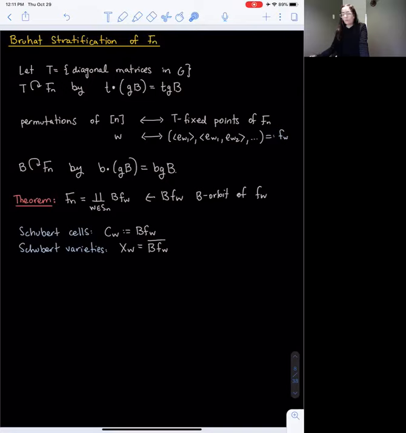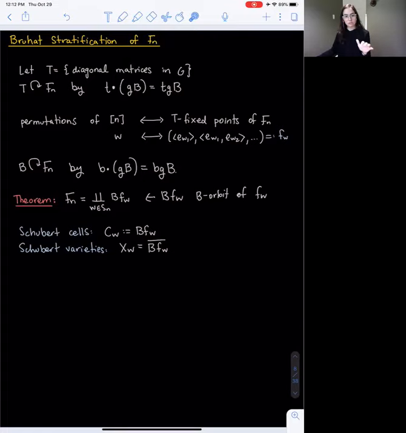One way to do this closure is just by taking limit points, or finding all the equations that vanish on your Schubert cell and adding all the points that satisfy them. That's another way you could do it. But the theme of today is that Schubert varieties are combinatorial.